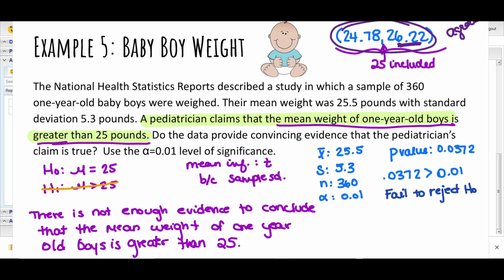It could be as high as 26.22. It could be as low as 24.78. So because it's somewhere in between there, you can't say that it is definitely going to be over 25. So this agrees with the conclusion that it's not greater than 25 because 25 was included.